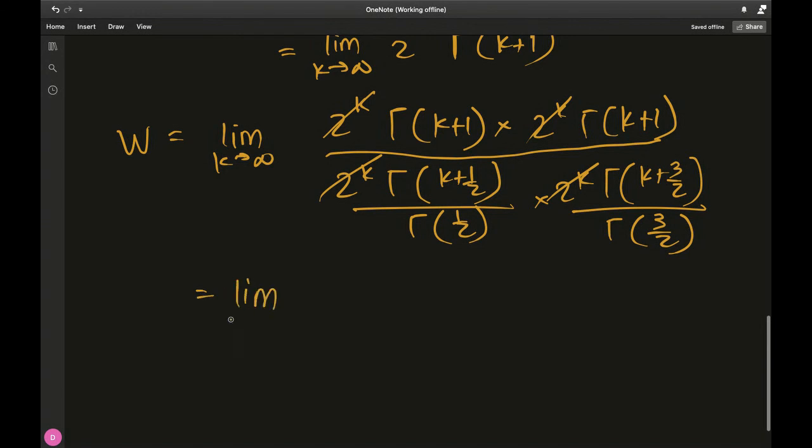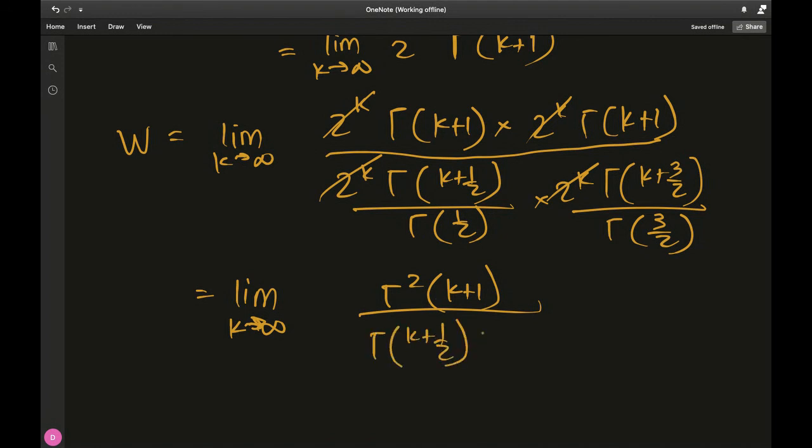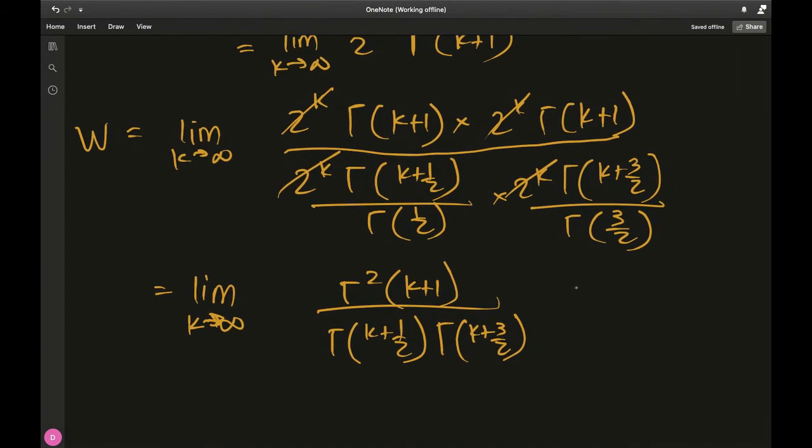So in the limit that k goes to infinity, we have gamma squared of k plus 1 over gamma of k plus half times gamma of k plus 3 by 2, and this gamma of half and gamma of 3 halves will go on top like that.